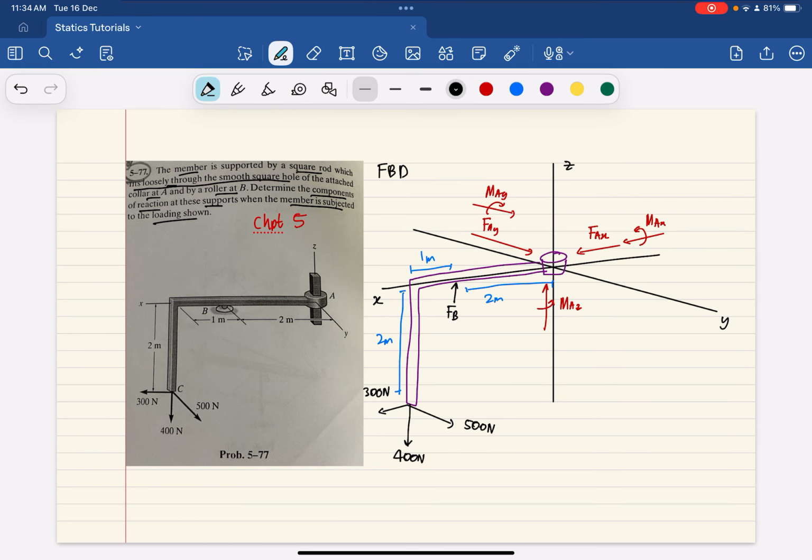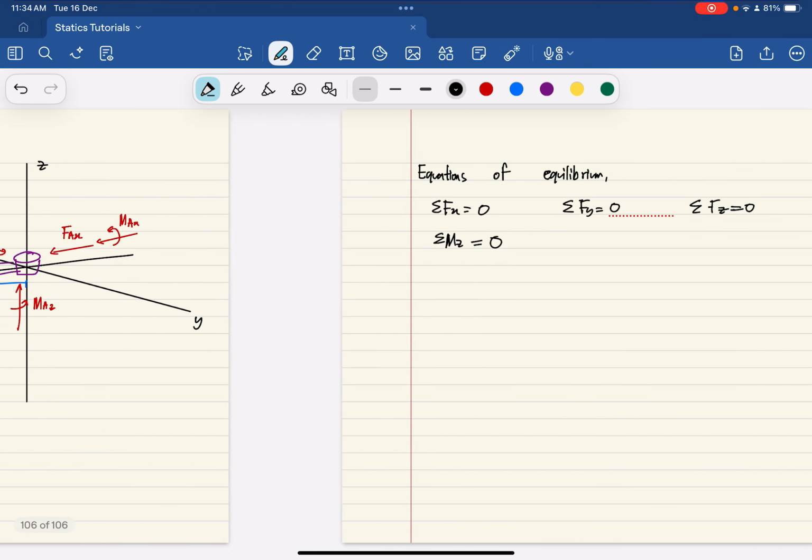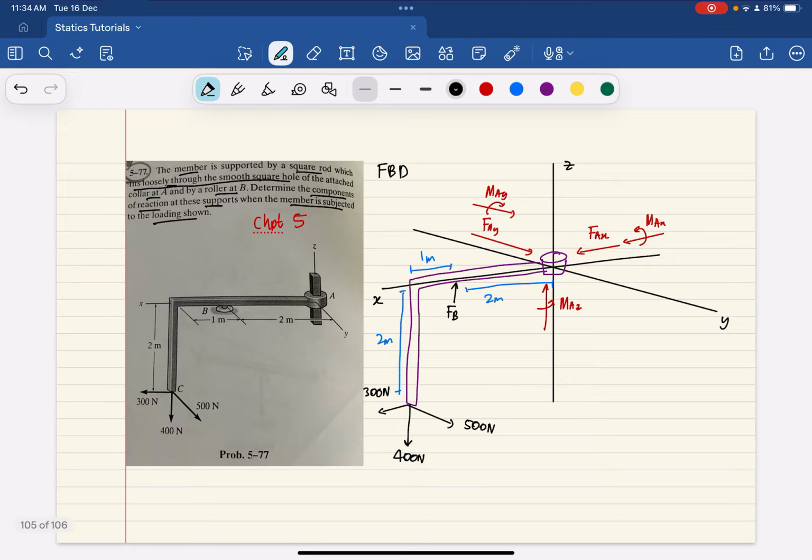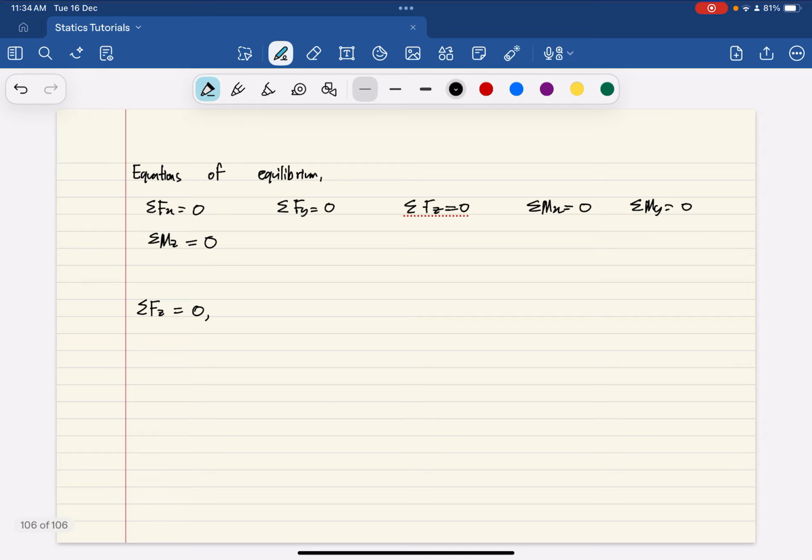I think we can easily determine FB, so let's focus on it. Summation of Fz is equal to 0. We know that FB is going in the positive direction, so that's going to be a plus.